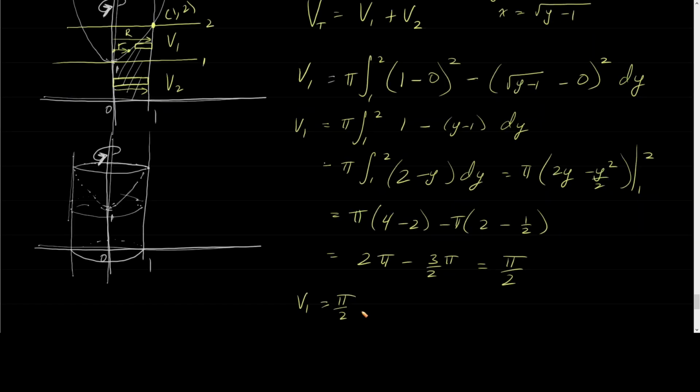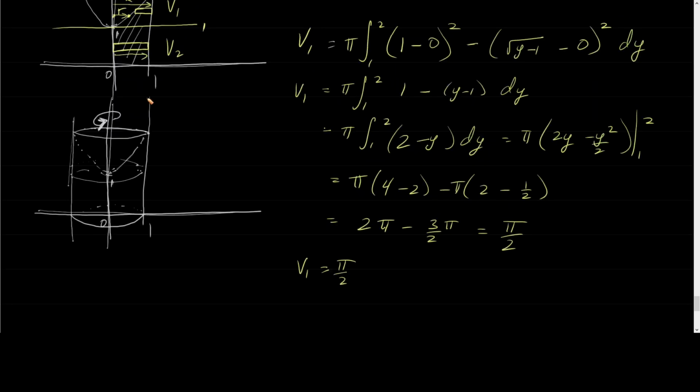So volume 2 is this region down here. Okay, so let's look at that. I'm going to erase that from there. That bottom volume, volume 2, is going to be pi times the integral from a to b. In here, we're going from 0 to 1 of just 1, right?